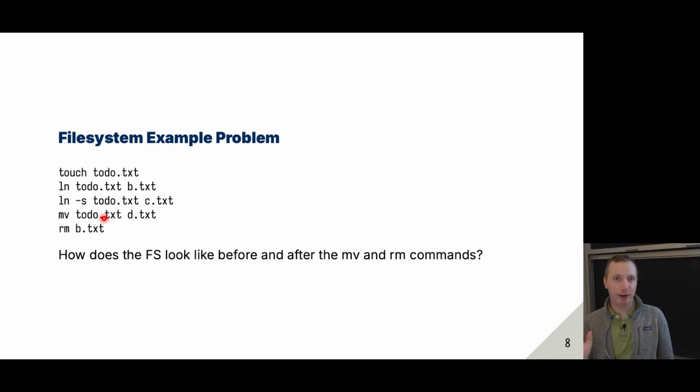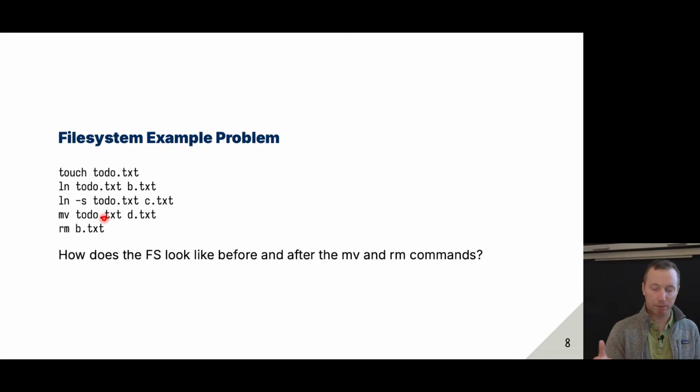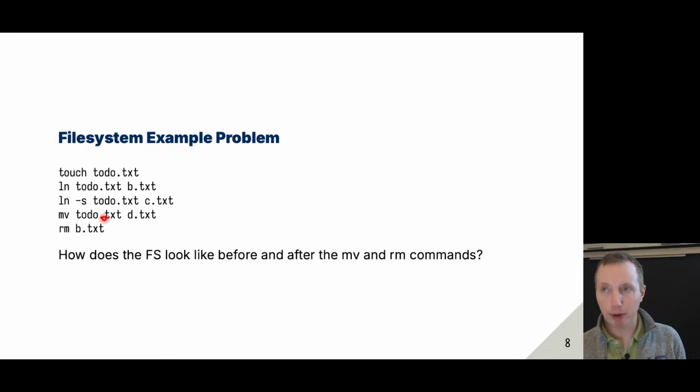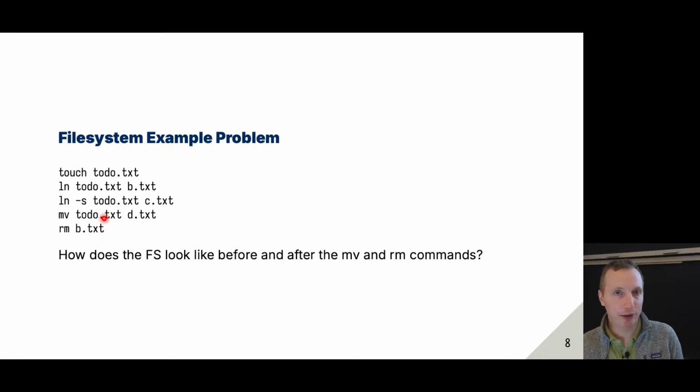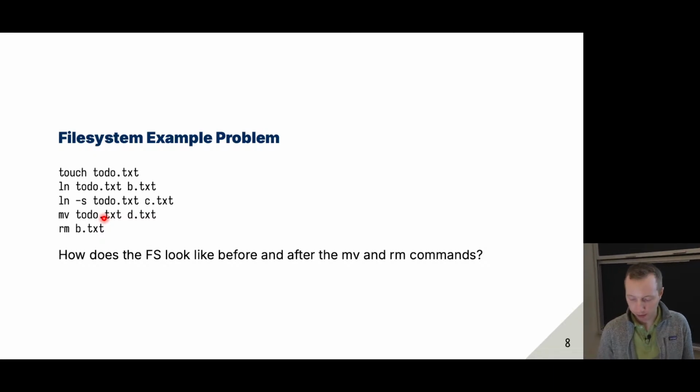All it does is rename the entry in the directory. That's why if I move a 20 gigabyte file, 100 gigabyte file, whatever, it doesn't physically move anything. It's instant. All it's doing is changing the name. The inode stays the same, and that's where the contents of that file actually are.